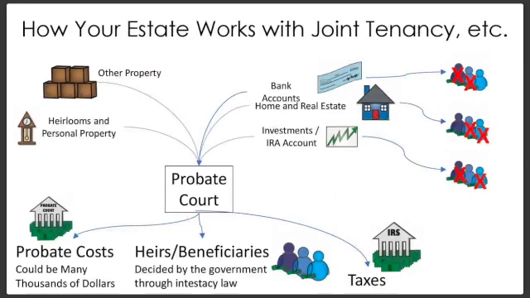There could still be probate costs, probably because not everything is going to pass through that. The heirs or your beneficiaries, the ones that are not dealt with in that joint tenancy or those particular designations, for the assets that are not dealt with that, those are going to pass again. If you don't have a will, they're going to pass through the probate court, and the probate court's going to decide who gets what.